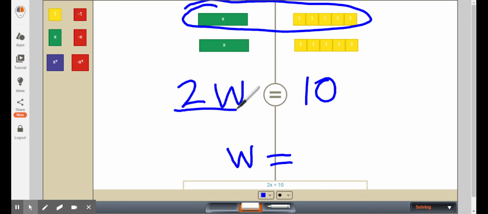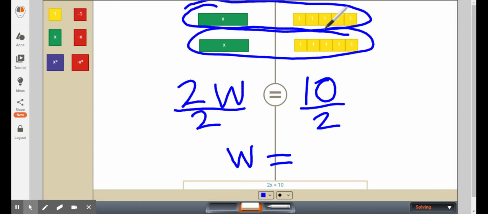So mathematically on the bottom, what we do is we take the 2w and divide that by 2 in order to cancel out the groups. And then if we divide the left side by 2, we divide the right side by 2 also to get two separate groups. So then in each group, we have w is equal to a value.